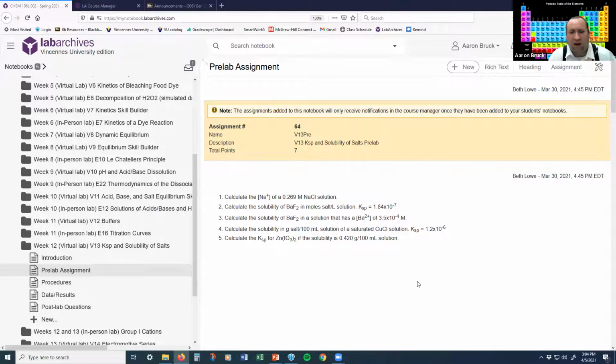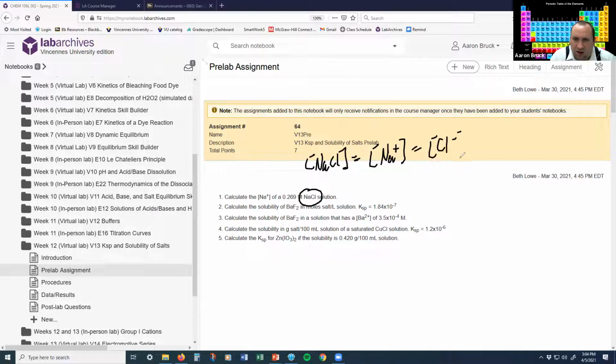For number 1, calculate the concentration of sodium ion in 0.269 molar sodium chloride. Well, what we have to remember is that the mole-to-mole ratios all translate. So the concentration of sodium chloride is the same as the concentration of the sodium ion and the chloride ion, since they all exist in this 1-to-1-to-1 fashion.